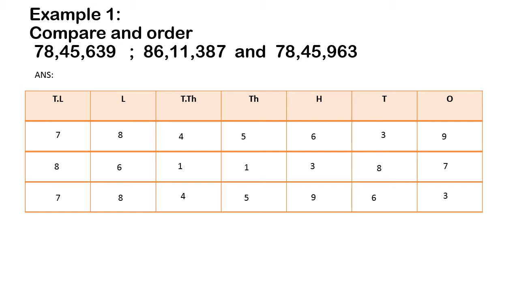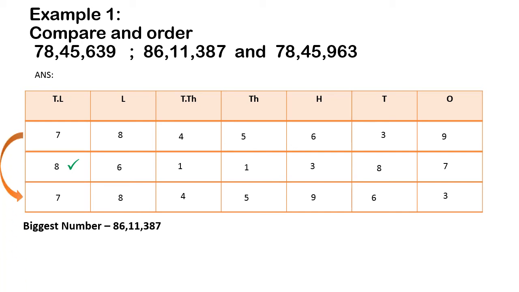Now we are going to compare the numbers in the ten lakhs place. So 7, 8, 7. So what is the biggest number here? 8. So we can say that the number which has 8 in the ten lakhs place, that is 86 lakhs 11,387, is the biggest number here. Okay. Now we have to omit this number. Then we have to compare the remaining 2 numbers.